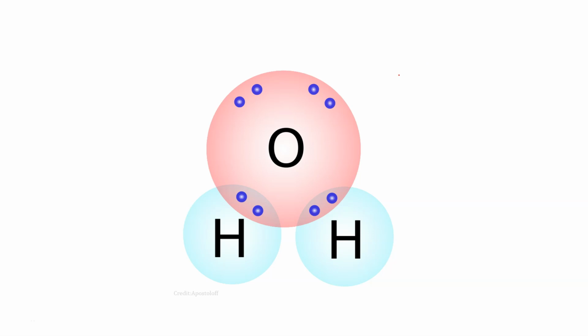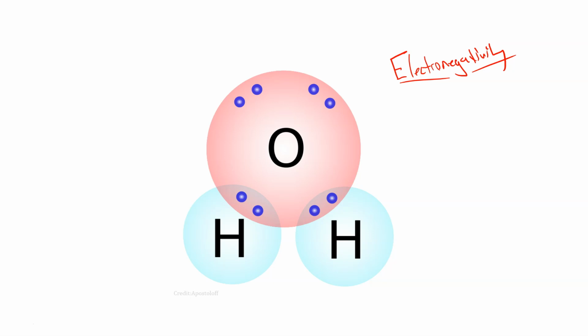Now, to get to the underpinning of why bonds are called polar versus nonpolar, we turn to this word here, electronegativity. Electronegativity basically refers to how selfish an atom is, how self-centered it is, how eager it is to take those electrons and hoard them all to itself.